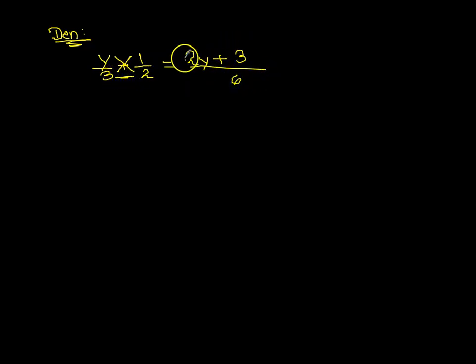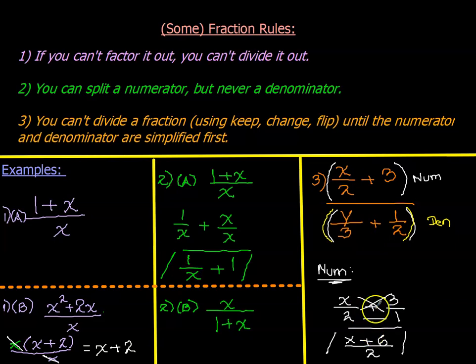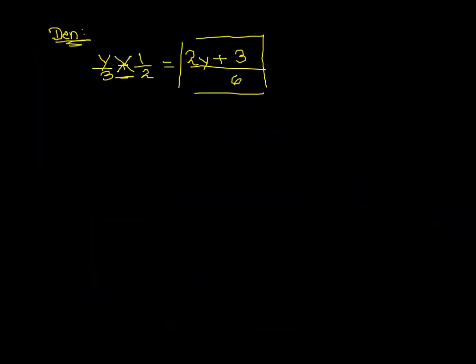So my denominator is 2y plus 3 over 6. Going back, remember the numerator was x plus 6 over 2. So now that I have my numerator, x plus 6 over 2, I'm going to put it over my simplified denominator, which is 2y plus 3 over 6.